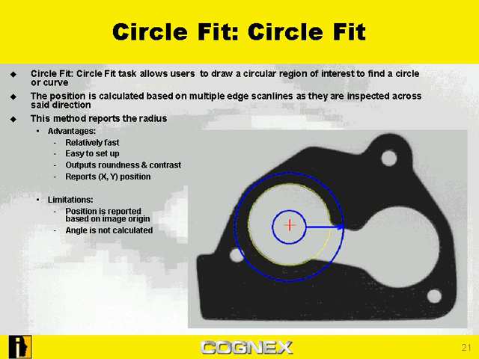So usually that doesn't come into play, but sometimes if you're wanting to know position relative to an origin that's true to the camera, you probably don't want to use a line fit tool because the position is given out relative to the origin of the line. So in the case of the circle fit, the position is reported based on the image origin, which can be known and preset and communicated over to a robot or an external device.